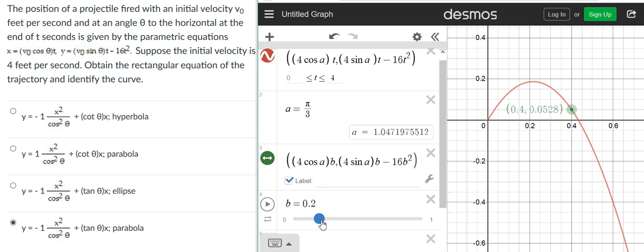You may play around with different times. When b is 0.19 seconds, the object flying from here goes up to this place. Keep going. Okay, so you can see that.